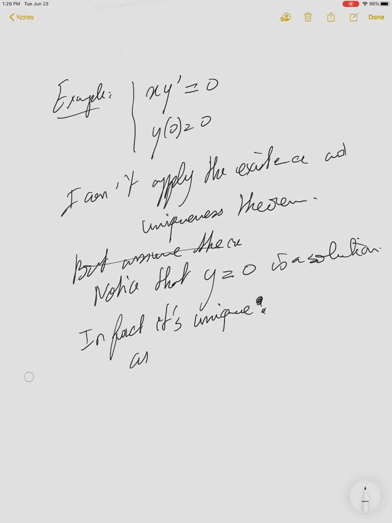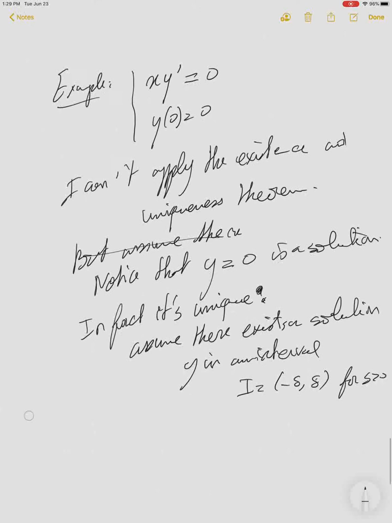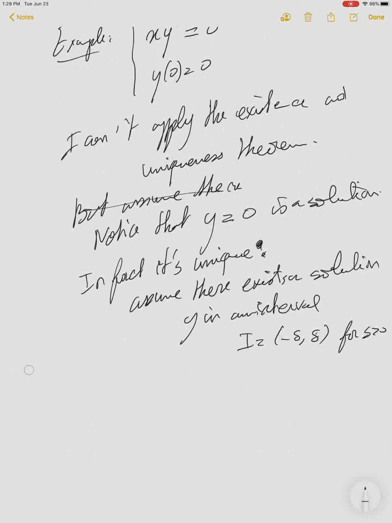How do I prove it? Assume there exists a solution y in an interval I equal minus delta delta for some delta positive. It should be a solution containing x equal 0.